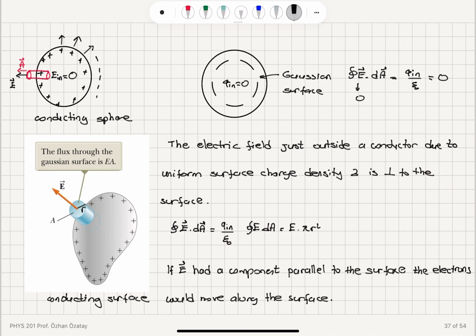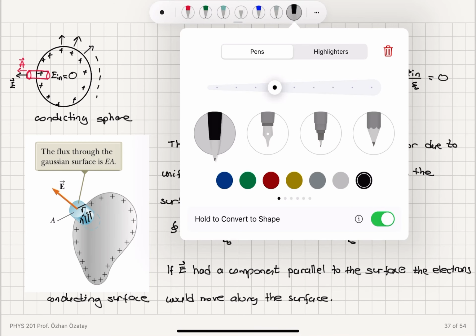This will be equal to the charge enclosed, which is charge density sigma times pi r squared, divided by epsilon 0. So how do I calculate this charge enclosed? I look at this area here, and this area is pi r squared multiplied by sigma. That gives me the charge enclosed.